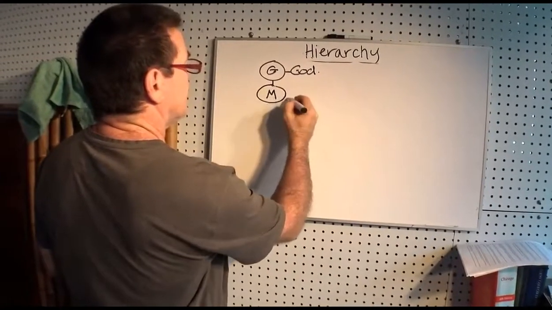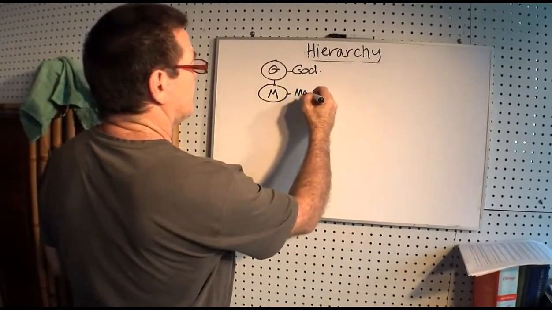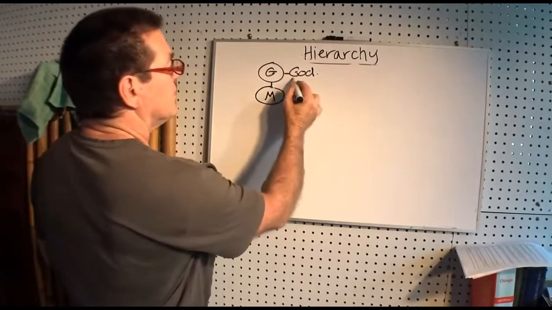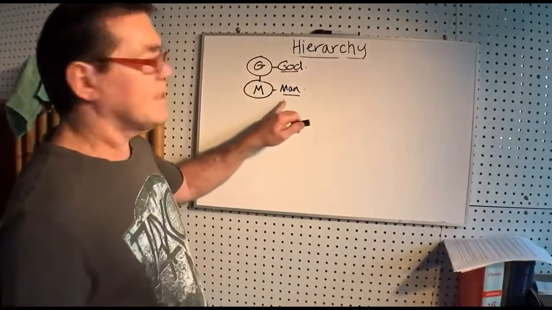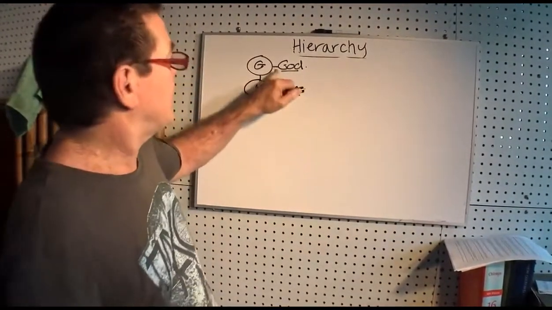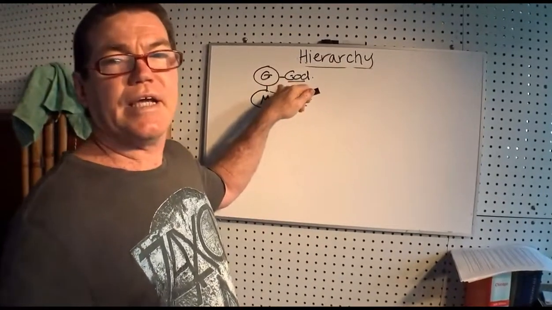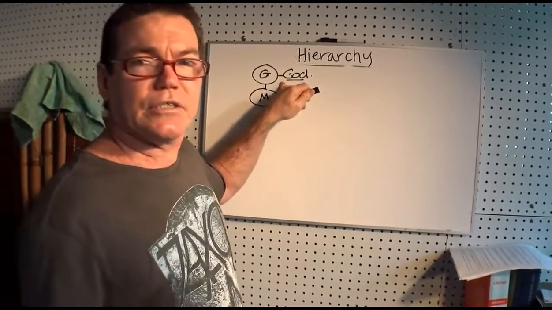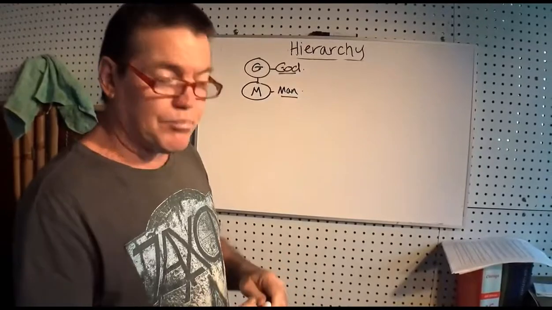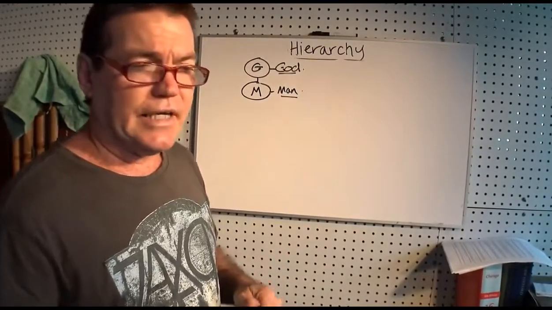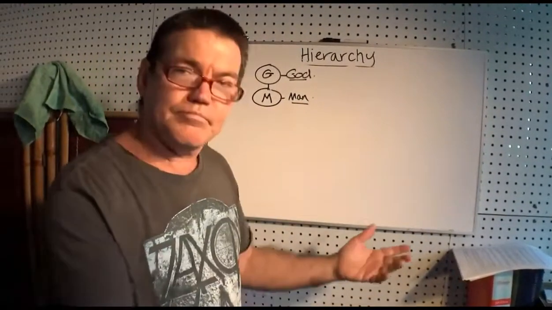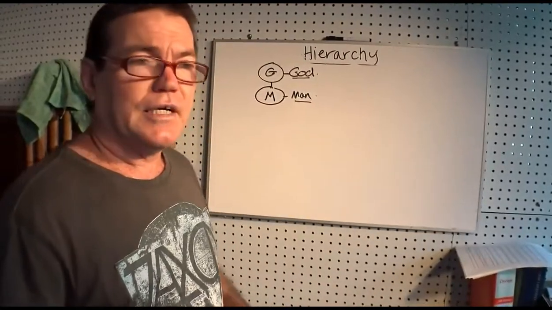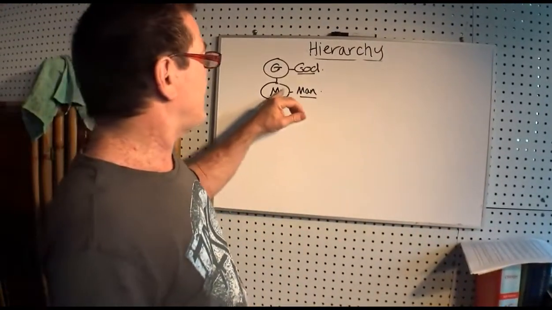The next thing is God, man. Now, in Adam and Eve and in Genesis, God created man and breathed the life into man after he made him from the earth.